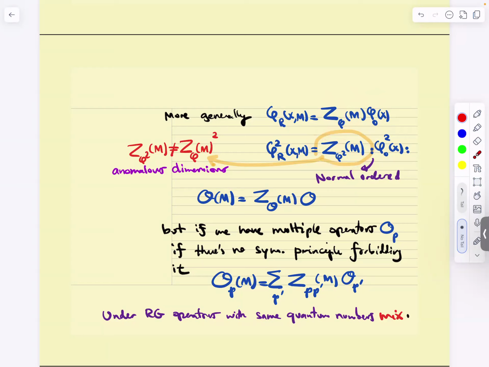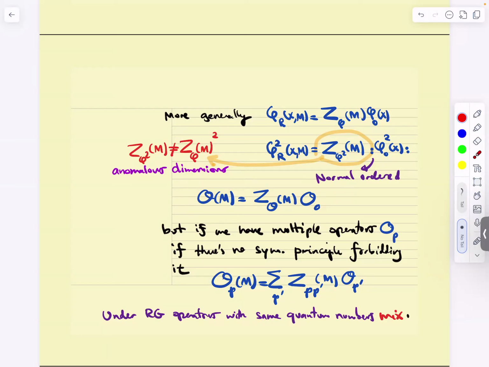Classical analysis, just naive dimension counting, will tell you that this will have to be twice that if there were no quantum corrections, right? But because there are quantum corrections, you have anomalous dimension, and this equation doesn't hold. More generally, an arbitrary operator could be defined as a bare object, and then its renormalized version will be related to the bare value by some operator wave function renormalization.